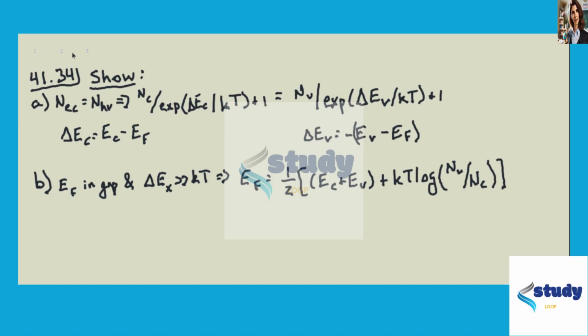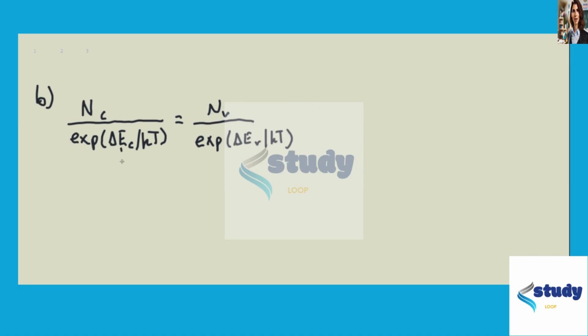So recall that this is EC minus the Fermi energy, and this is the Fermi energy minus EV. So we can rearrange this.